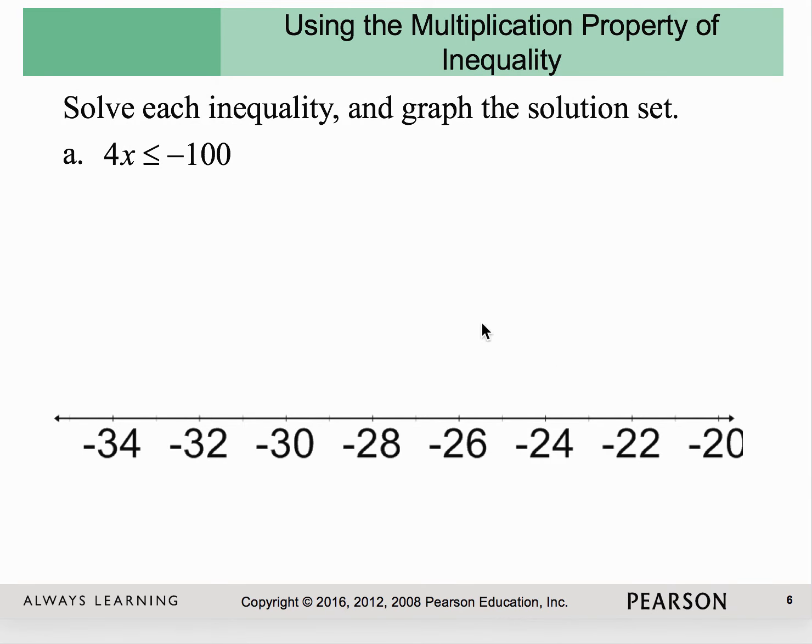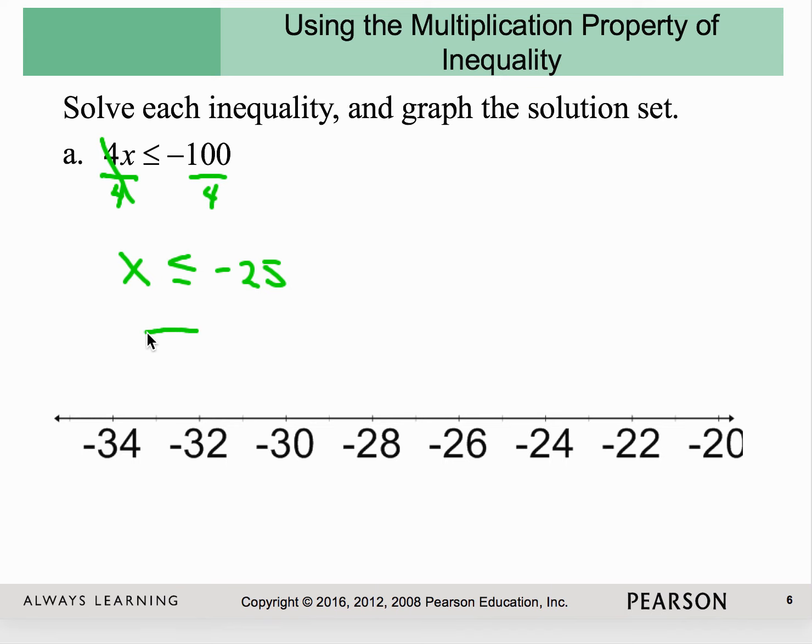Okay, here's another one. It's an inequality. It's just like an equation though. I'm going to divide both sides by 4, trying to get that x all by itself. So x is less than or equal to negative 25. Okay, so I'm going to find negative 25, which is right here.